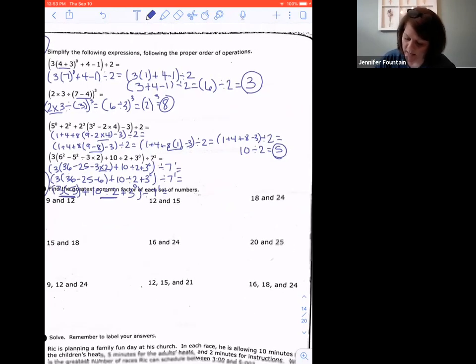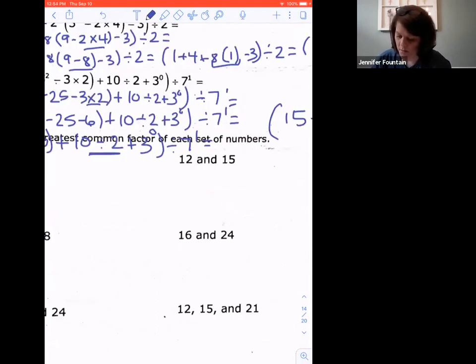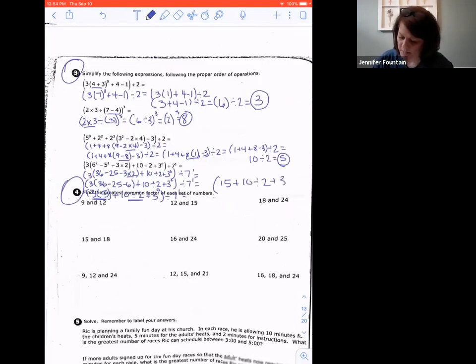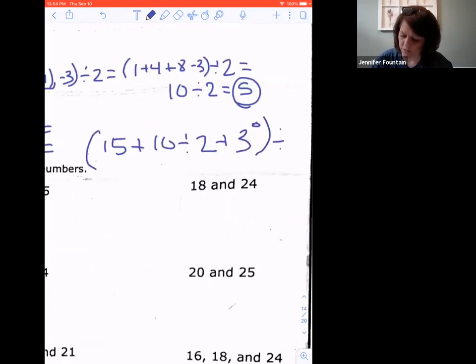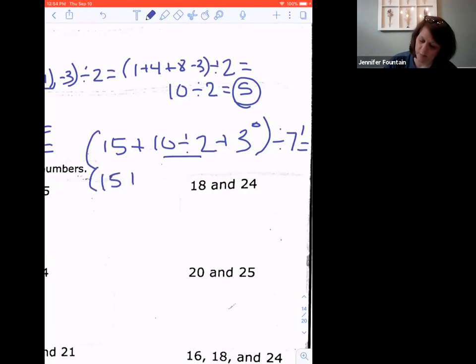So I'm going to have 15 plus 10 divided by 2 plus 3 to the 0 divided by 7 to the first. Now I'm going to divide: 15 plus 5 plus 3 to the 0 divided by 7 to the first.